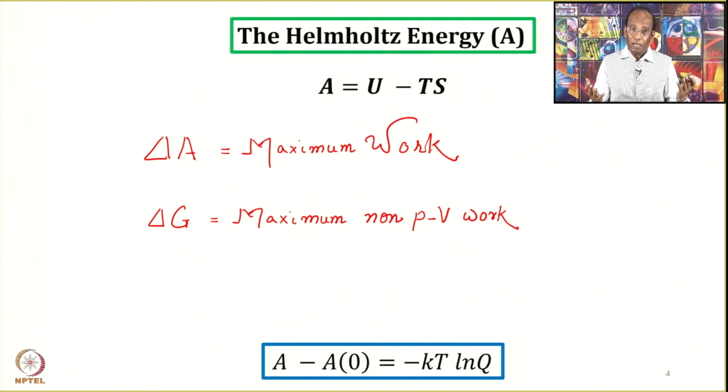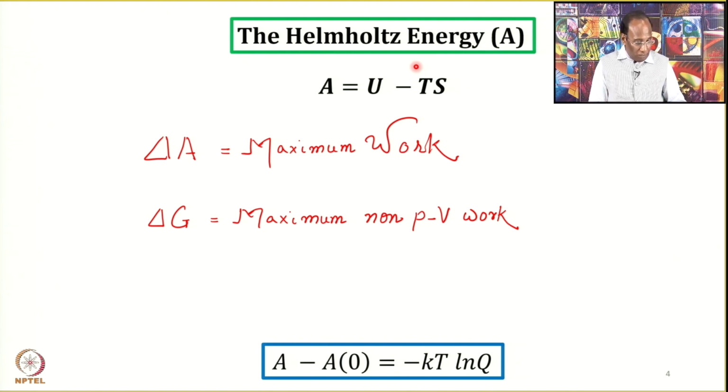How do we get delta A? How do we get delta G? If we just look at this expression, A is equal to U minus TS, then delta A will be equal to delta U minus T delta S at constant temperature. That means experimentally, in order to obtain delta A, you need to get delta U, you need to get delta S. Therefore, you require calorimetry.